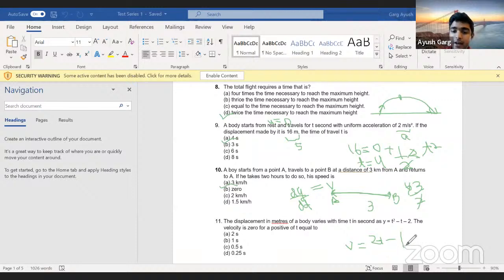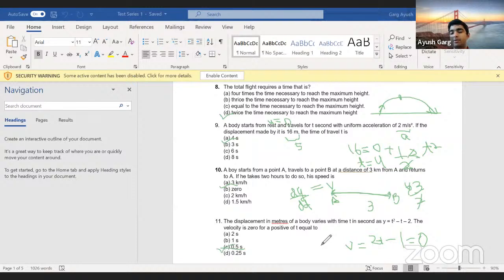Now, if you have to find out velocity equal to 0, you equate this to 0. And when you equate this to 0, can you find out the time at which this particular equation is 0? It's very easy, right? 2t minus 1 is equal to 0, so t is equal to 0.5.